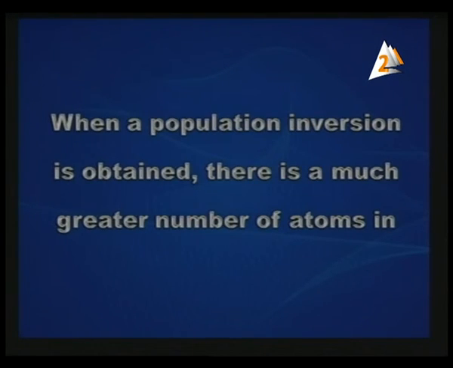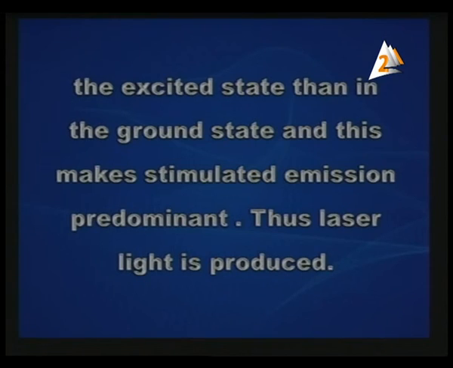When a population inversion is obtained, there is a much greater number of atoms in the excited state than in the ground state, and this makes stimulated emission predominant. We want to make stimulated emission predominant, and laser light is then produced.